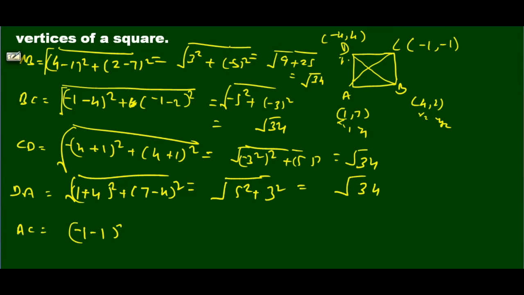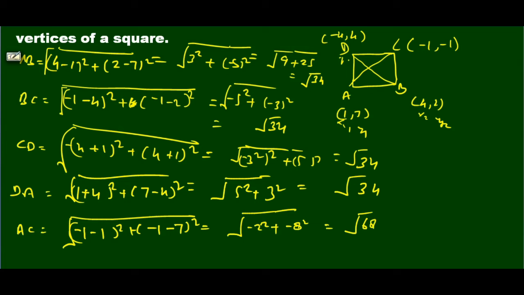Now AC equals (-1 minus 1) square plus (-1 minus 7) square, square root. Clear? So this will become (-2) square plus (-8) square. So this is 4 and this is 64. So this will become under root 68.